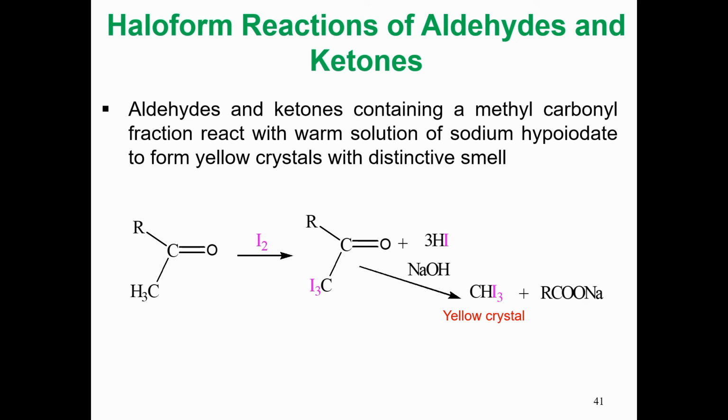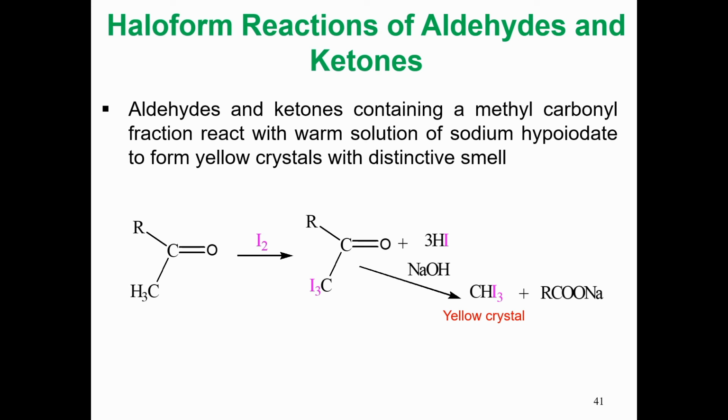The next reaction is haloform reaction. This reaction was discussed under alcohol. This is a reaction that is only feasible for carbonyl compounds that have methyl connected to carbonyl. So in alcohol, ethanol or propan-2-ol is positive for haloform reaction.